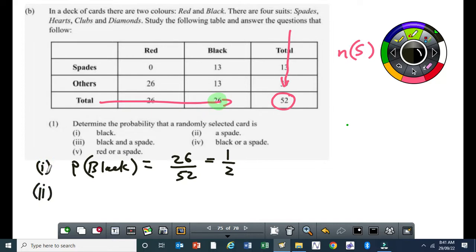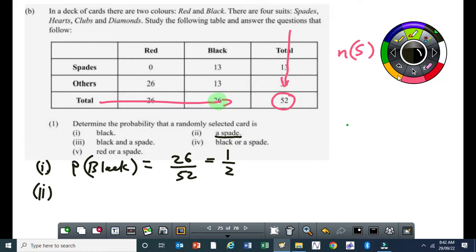All right, and then number two, a spade. In this case, they just say a spade. How many spades are there? It's going to be 13. Please take note, we're talking about spades only. That's more specific now.